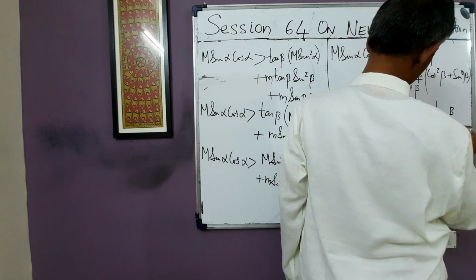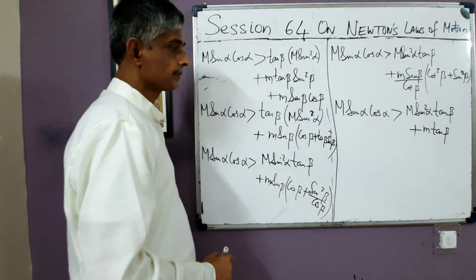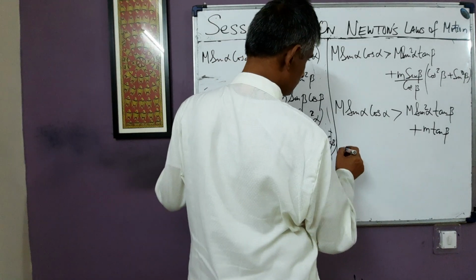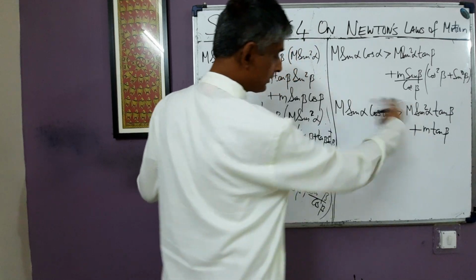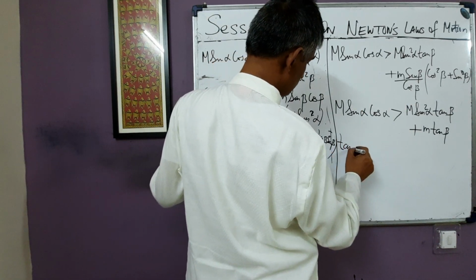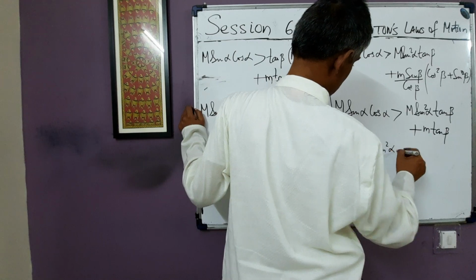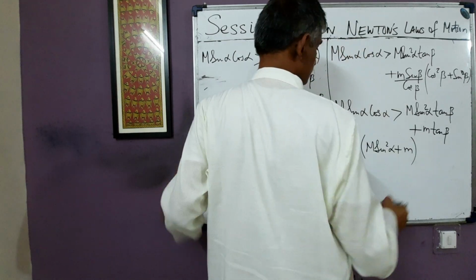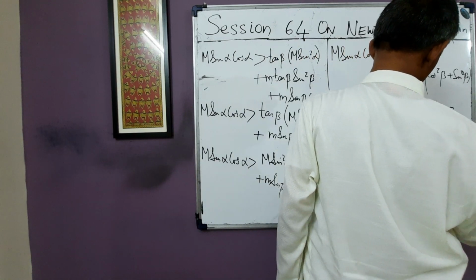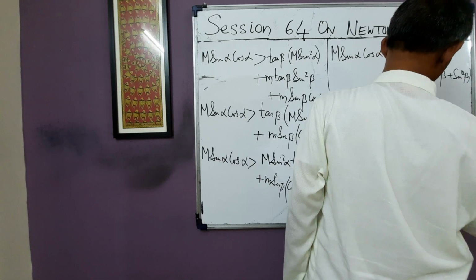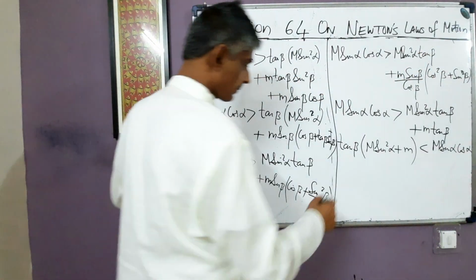M tan beta. Okay, so this means I take tan beta common and write it left side. Tan beta into M sin square alpha plus m is less than M sin alpha cos alpha.